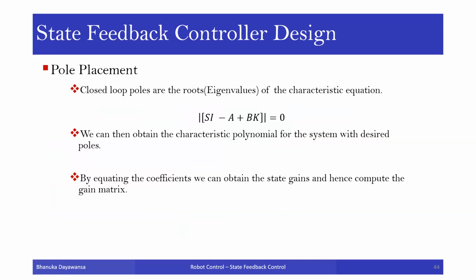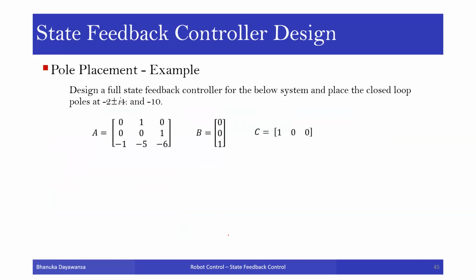Basically, pole placement is done like this. You all know there's a system with imaginary and real axes. If the poles are here, the system is unstable. If the poles are here, the system is stable. Here it's marginally stable, right? So you want our poles to be here.